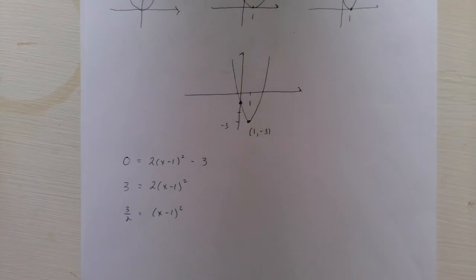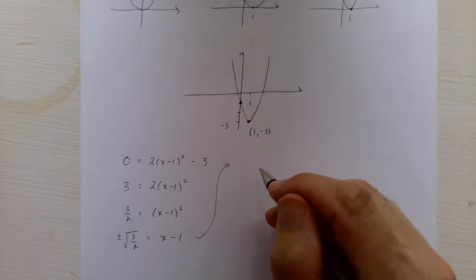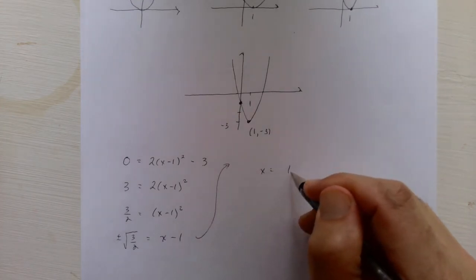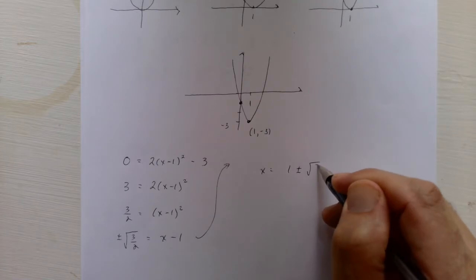We don't have to multiply this out, do we? Because if we know what x minus 1 is, that's almost as good as knowing what x is. So we can take the square root of both sides and then add 1 to both sides. And we get that x is going to be 1 plus or minus the square root of 3/2.